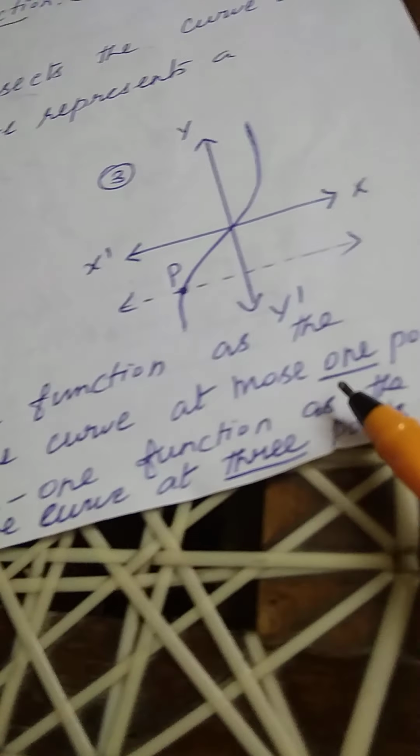So figures 1 and 3 represent one-to-one functions as the horizontal line intersects the curve at most at one point. Figure 2 does not represent a one-to-one function as the horizontal line intersects the curve at 3 points P, Q, R.